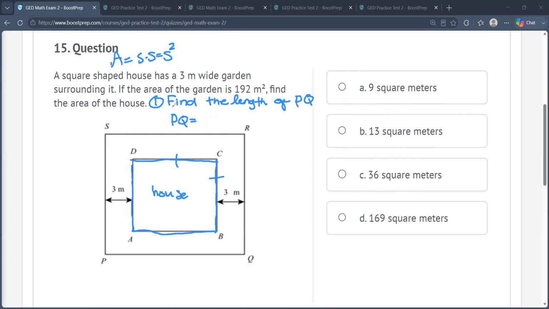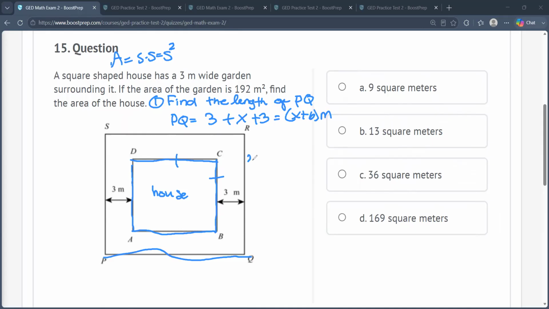From here to here, this length here is 3. I don't know what the length of AB is, I'll just call it X. And then I do know the length of BQ is also 3. So if you clean that up, that's the same thing as X plus 6 meters.